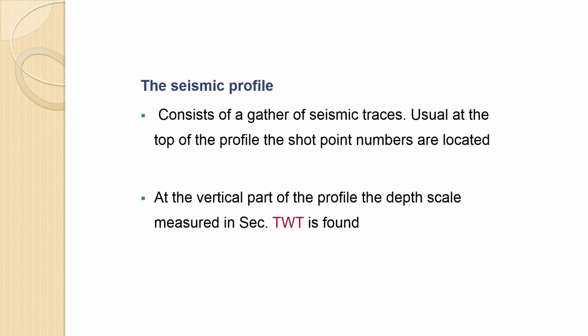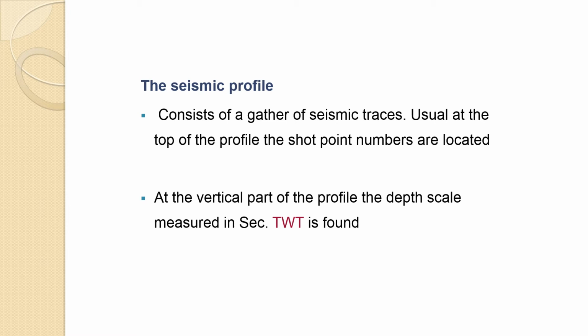But be careful here, the depth scale is not measured in meters or centimeters or kilometers. It's measured in seconds, and we call it TWT. TWT here means two-way travel time, the two-way travel time of our wave, of our beam.